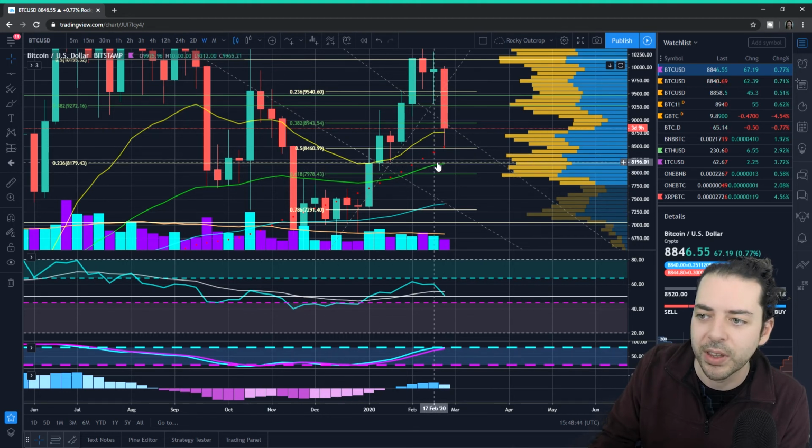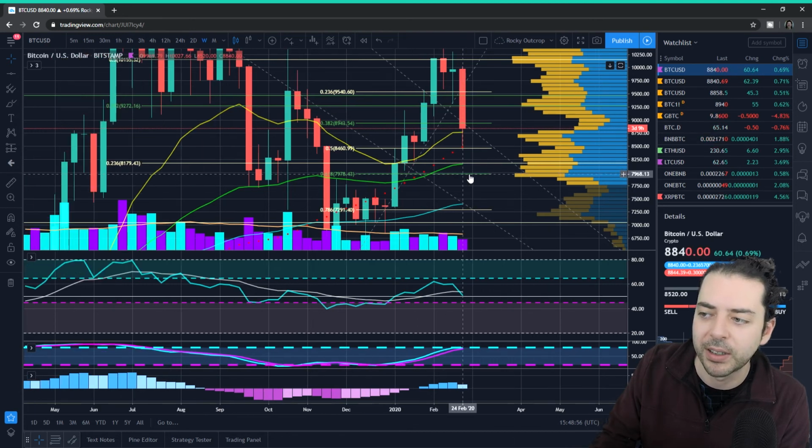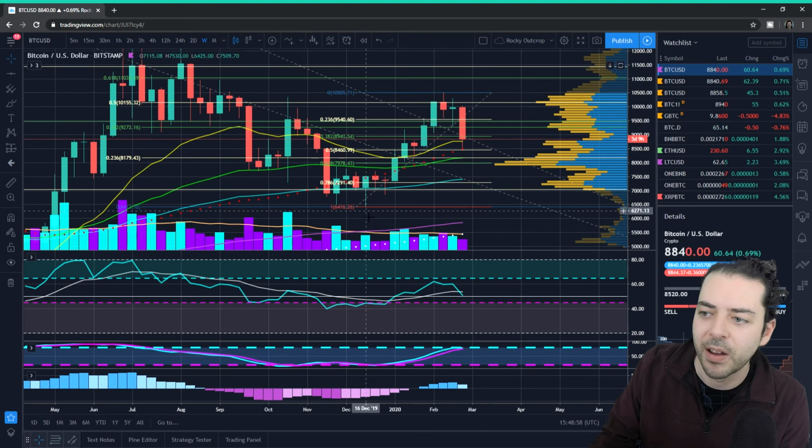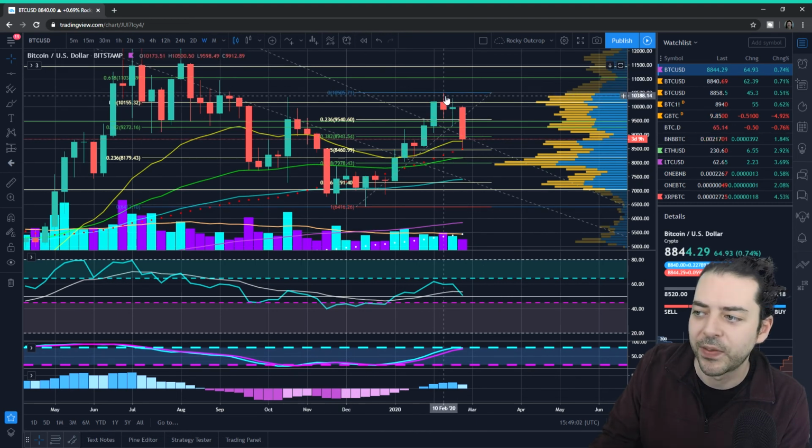You've also got this general area of support, which was previously resistance, in this area. And then following on from that, you've got the 618, which would be the greedy point to aim for on a retracement down from this retracement here from December to Valentine's Day.